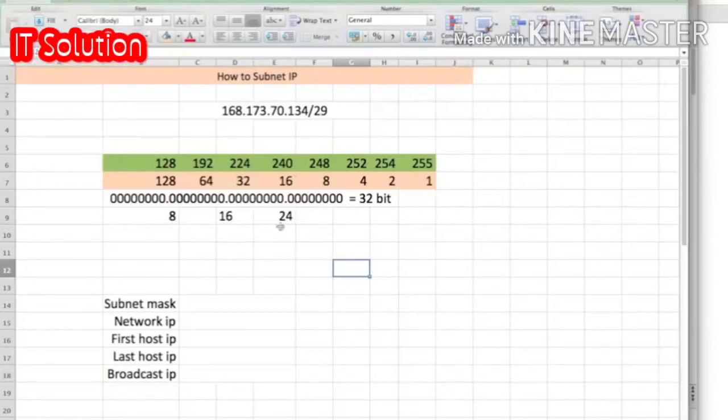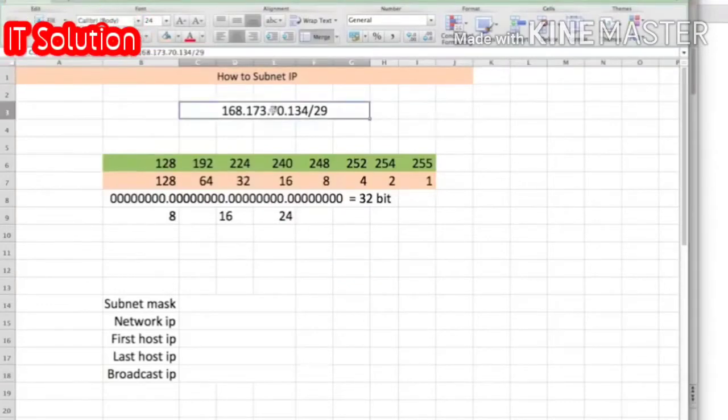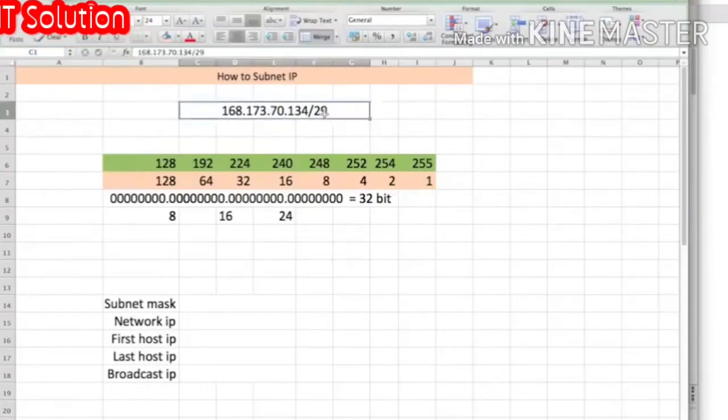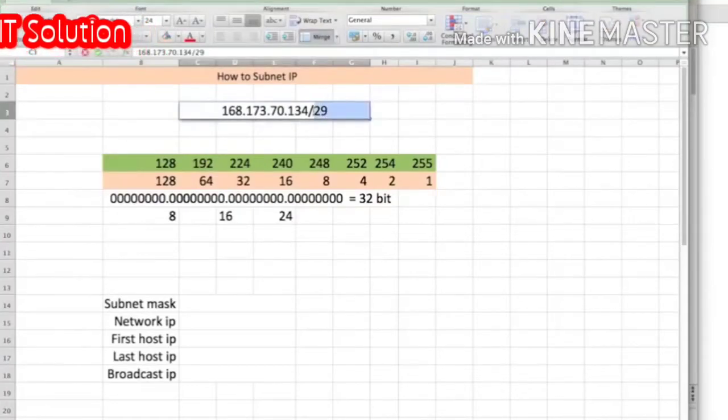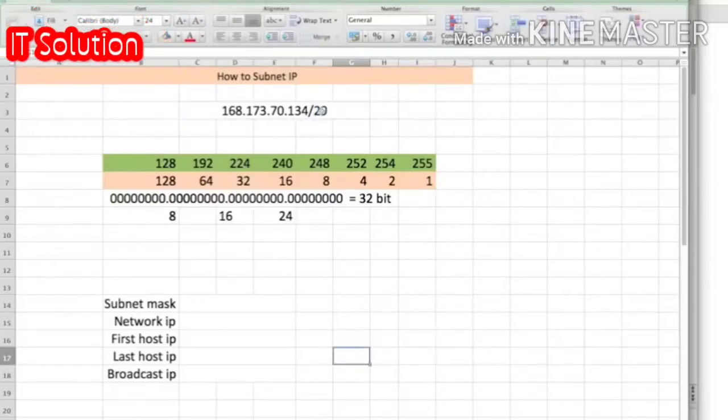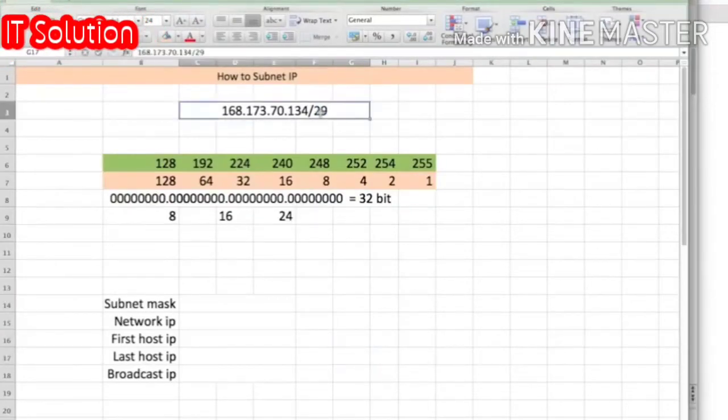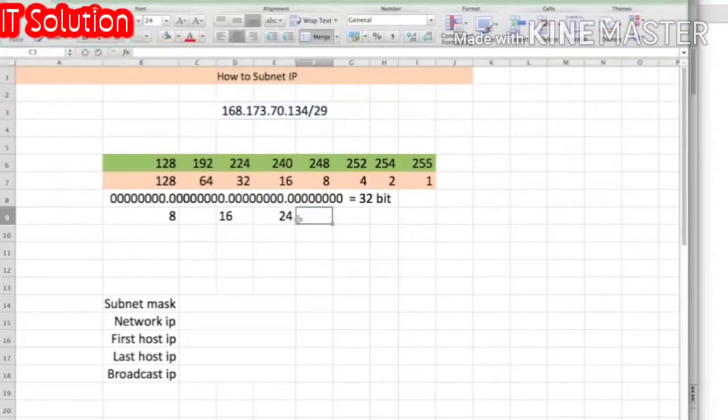So once you have this little chart going, we'll go ahead and take this number. So let's go ahead and find out what the subnet mask is. The first thing you do is you look at the /29, the CIDR notation. Remember we said that tells us what the subnet ID or the network ID is. So we need to find out what /29 is. So we take 29 and then we come down here and we look at this chart.